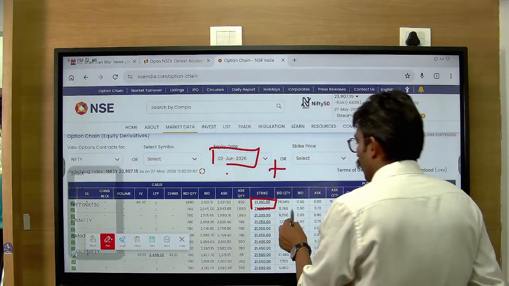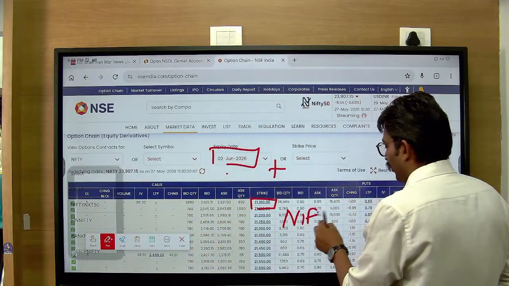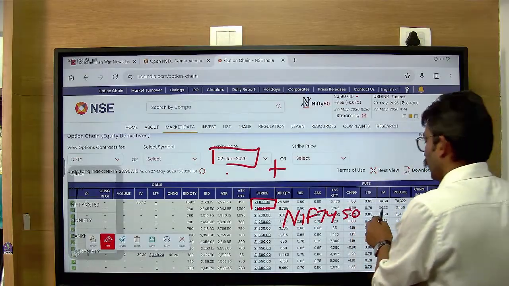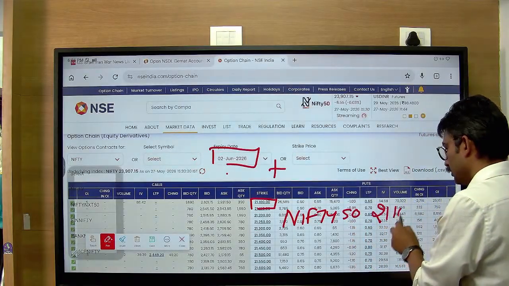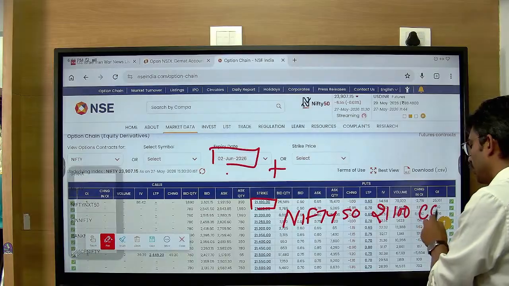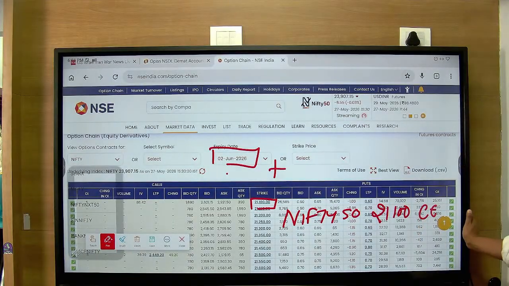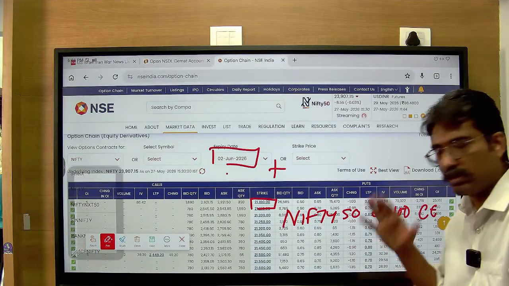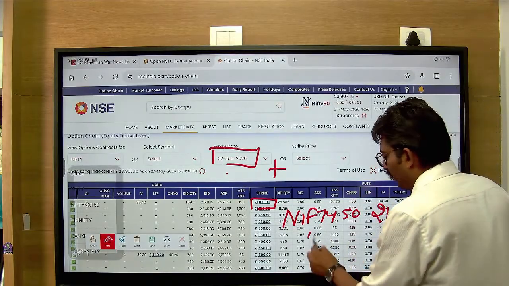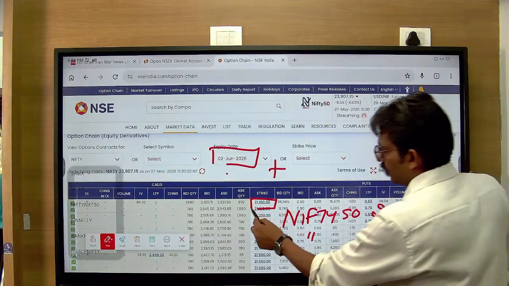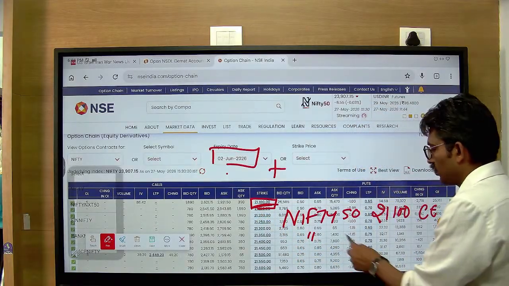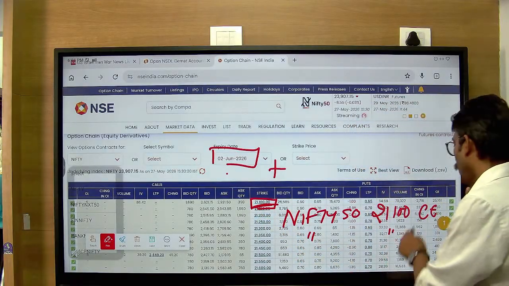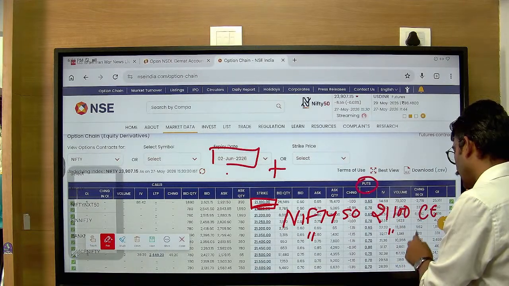So the name of the contract would be Nifty 50 21,100 call option, represented by CE. When you get into a put option, the nomenclature would be Nifty 50, the strike that you have chosen, which is 21,000, and represented by the letter P.